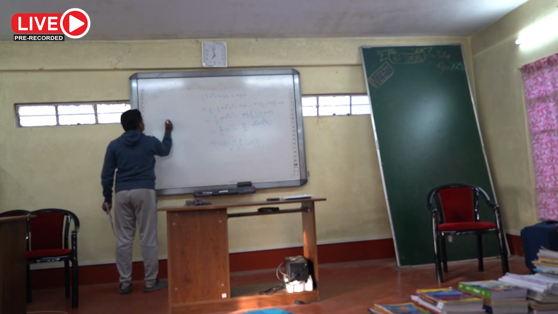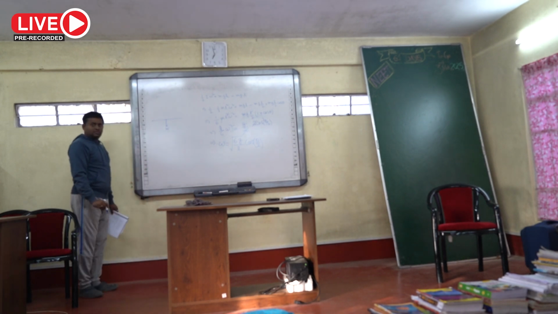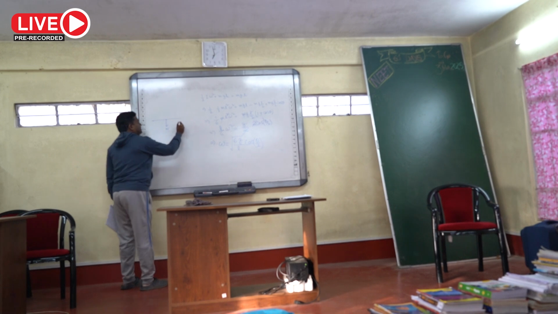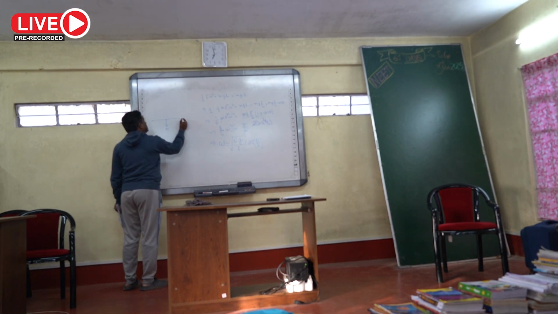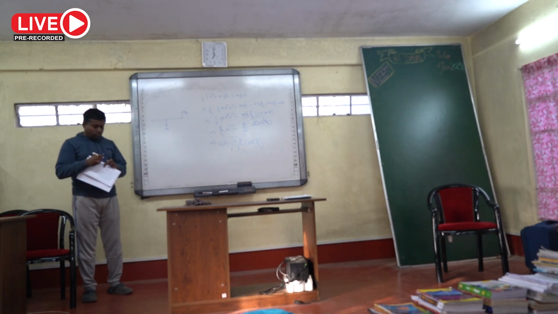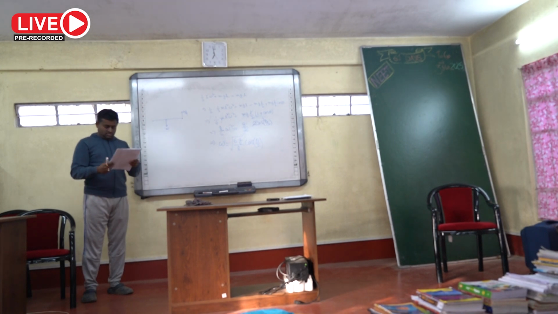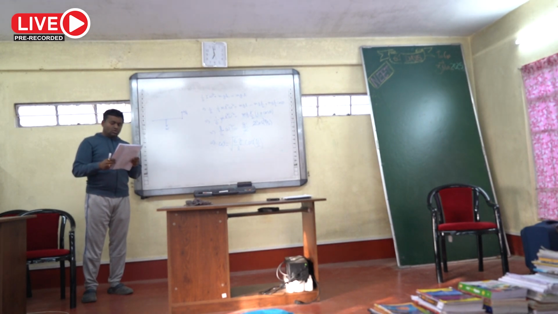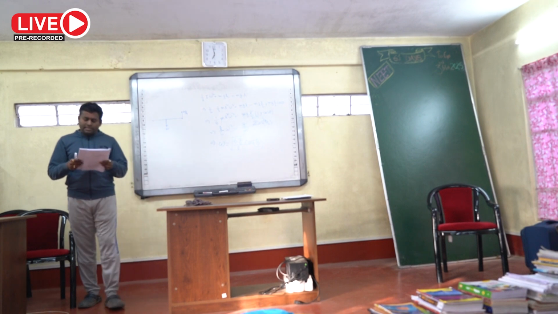Suppose this is the rod. So its weight will pass through its center of mass, that is W. The boy is at one end. So the boy is balancing a weight of W by 4 because only 1/4 load.